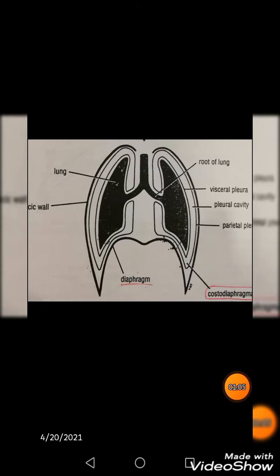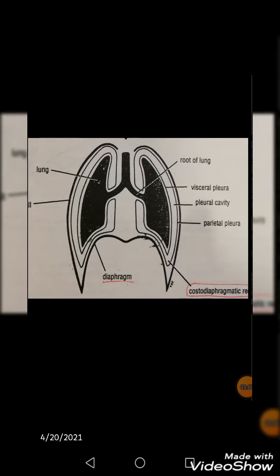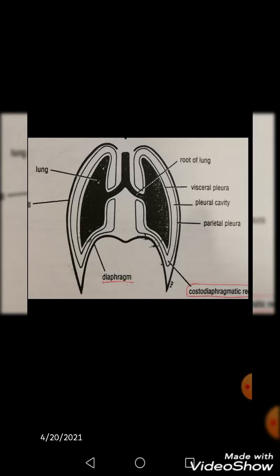In the lungs, we have to address two recesses, and let me tell you what recesses are. These are basically two folds of your parietal pleura, and they are supposed to receive the lungs for the expansion during deep inspiration. So it's a reserved space.